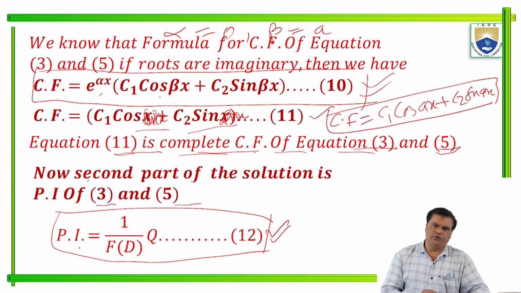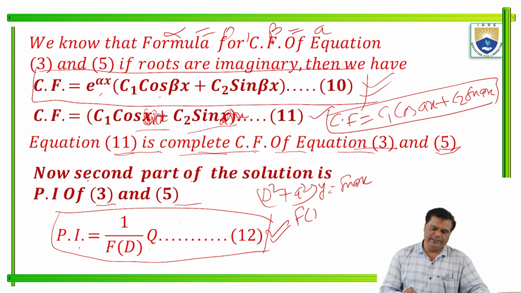So PI is equal to 1 upon F(D) into Q. This is equation 12. Now putting the value of F(D), the function in D in our given question. Our equation is (D square plus a square) y equal to sin ax, written as F(D) y equal to sin ax. So F(D) is D square plus a square.